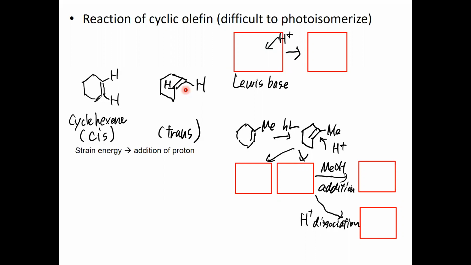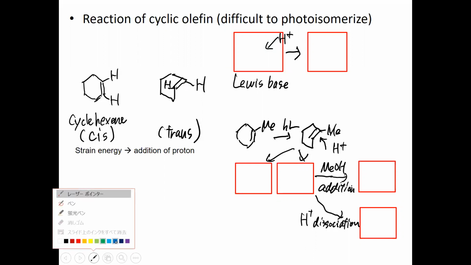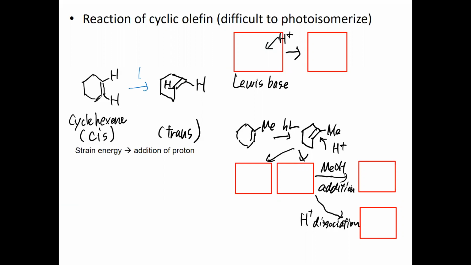So what happens is, when the light is illuminated and it changes to have strain energy, this molecule has the ability to accept a proton, because this double bond is going to act as a Lewis base.